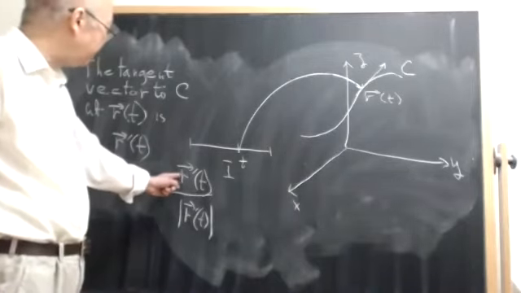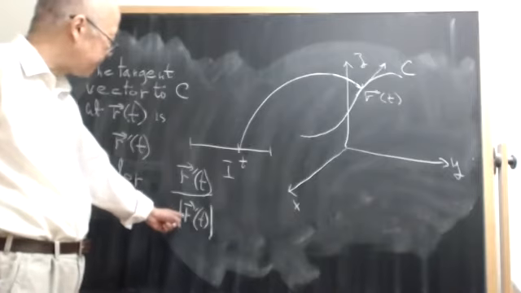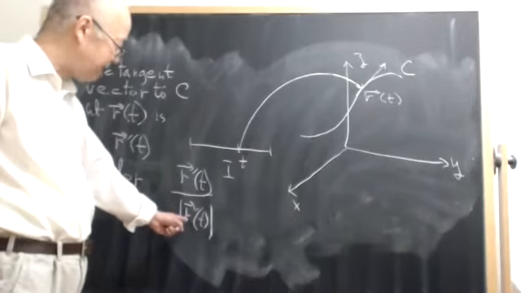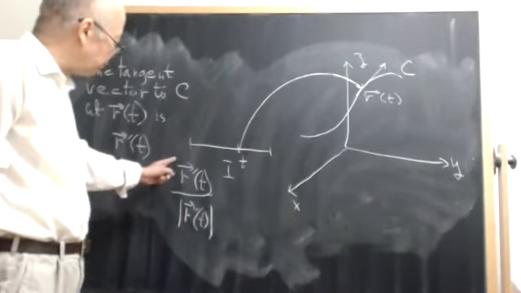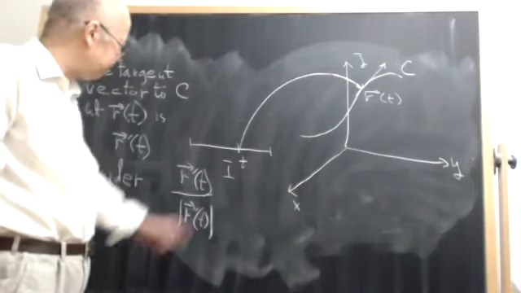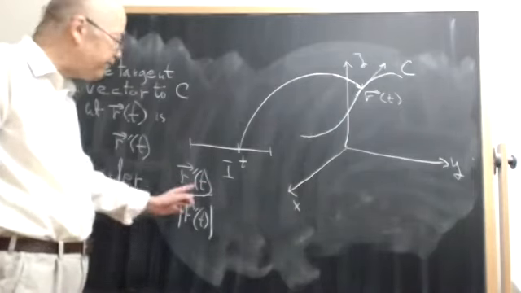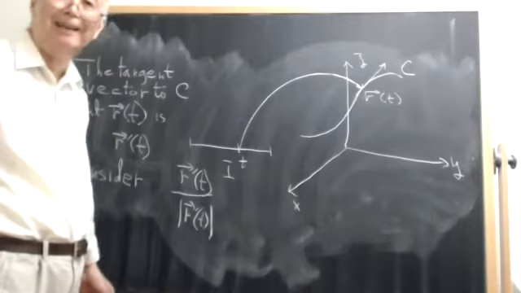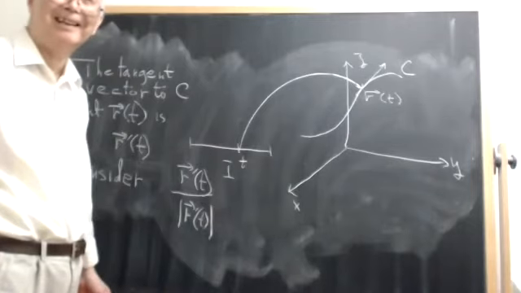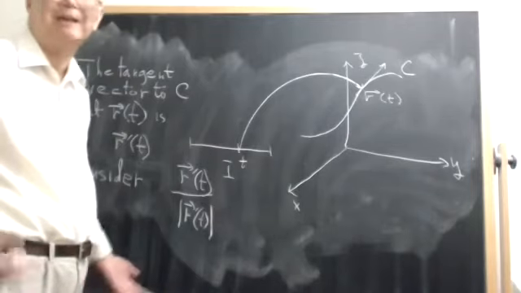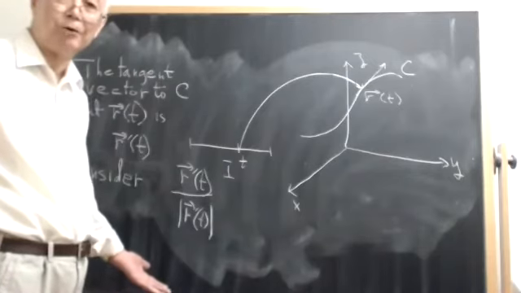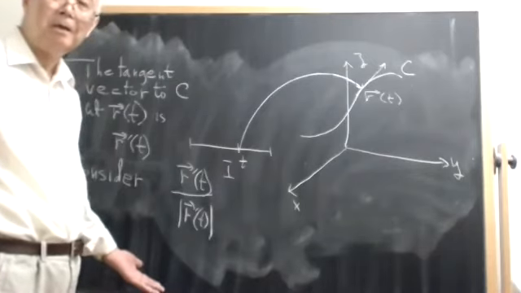Take the length of the vector. This is a number, right? So when you take the length, you have the length divided by the length. Is it a unit vector? It's a unit vector. What's the length? It is equal to one.